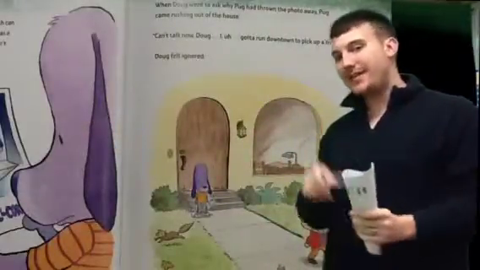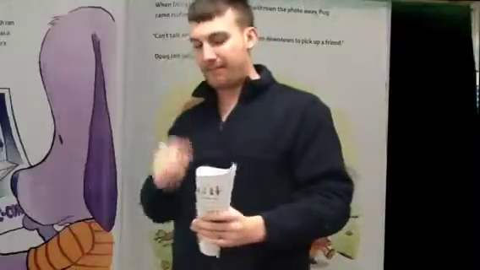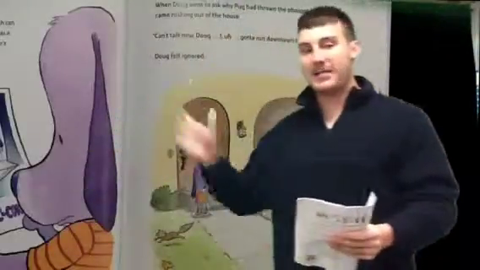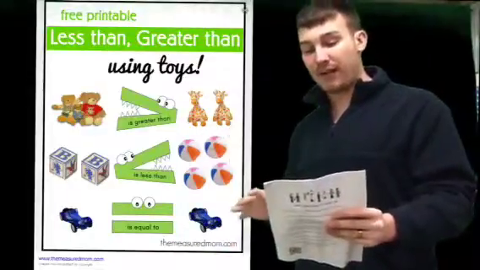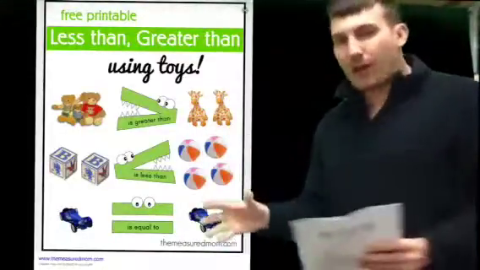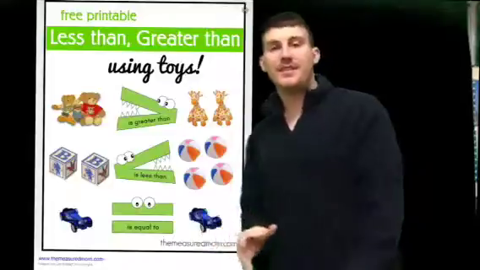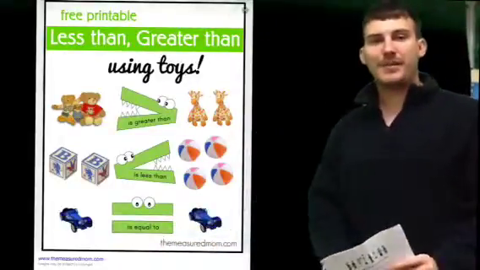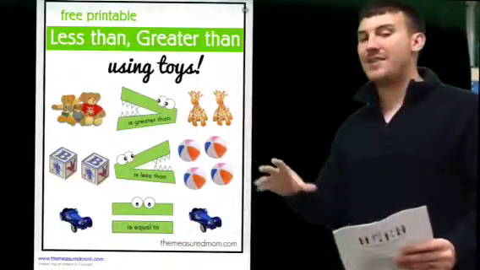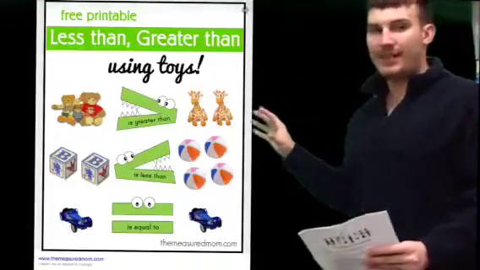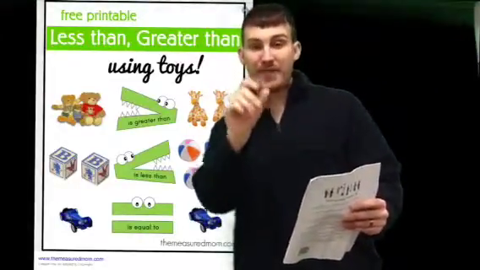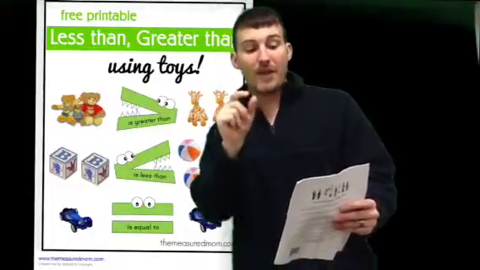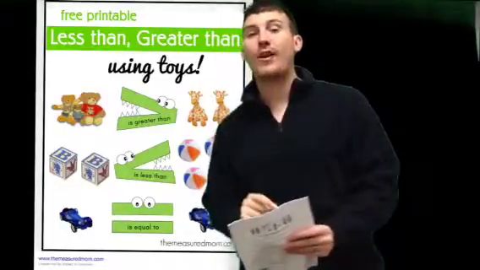Now, let's look at these number sentences with that in mind. As you see behind me, I have a poster, and on this poster, you see some toys, some animals, some cars at the bottom. Let's talk about the 3 bears on the top and the 2 giraffes. Our target today is, I can use a special symbol to show if a number is greater than, less than, or equal to.